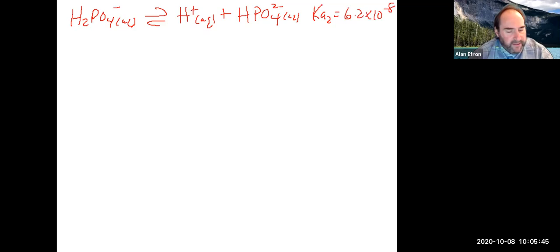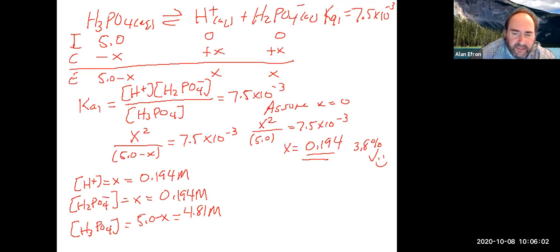So here we want to do, again, another ice table. We would have initially here, and you may ask, where does our initial concentrations come from? So our initial concentrations at this point would actually come from our previous step's equilibrium concentrations.